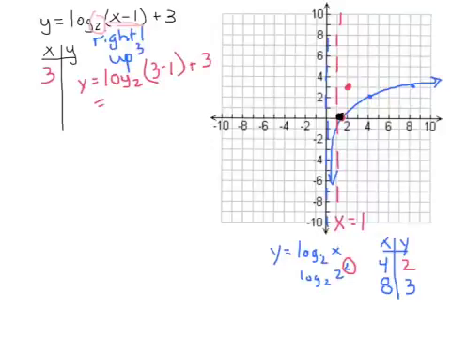Now, the reason I do that is log base 2 of 2, and this quantity right here is saying 2 to what power is 2? It's 1. So that's 1 plus 3, or 4 for this value. So I have the ordered pair (3, 4).